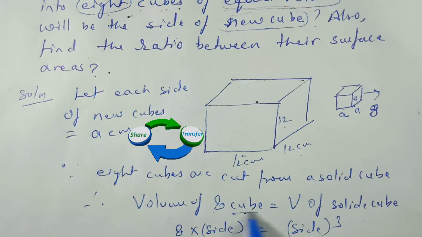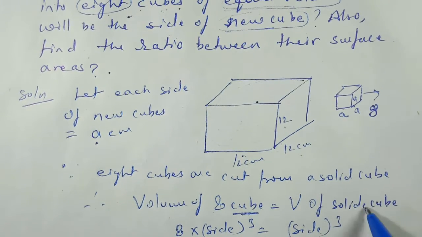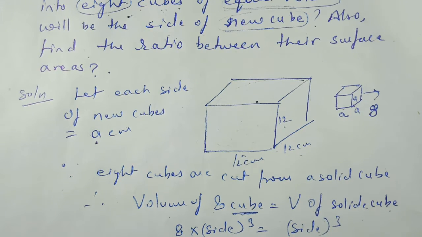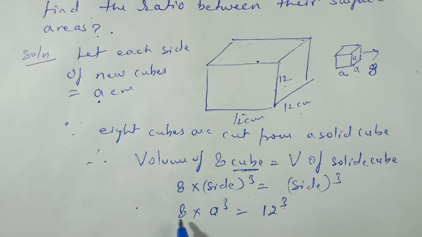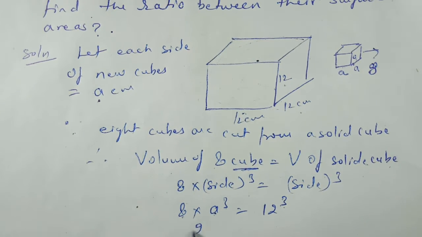Now in case of the new cube, what is the measurement of the side? A cube. For the solid cube, what is the side given? 12 centimeters. So it is 12 cube. Since it is A cube, we can write 8 in the form of a cube also, 2 into 2 into 2. It means we can write it as 2A whole cube equal to 12 cube.